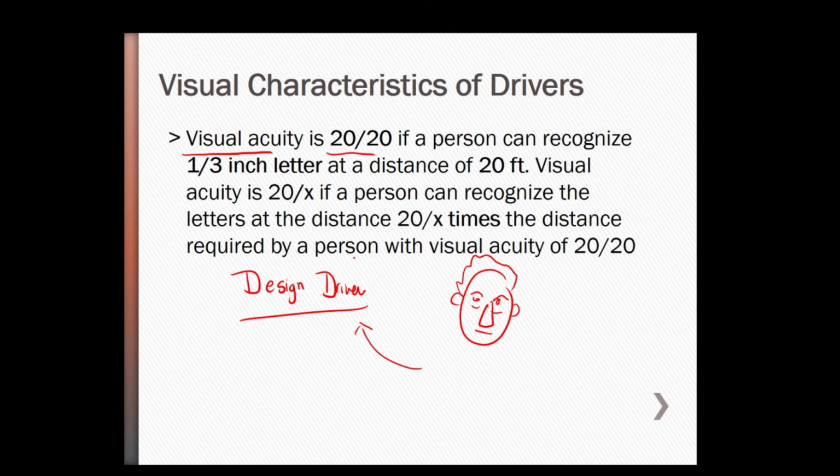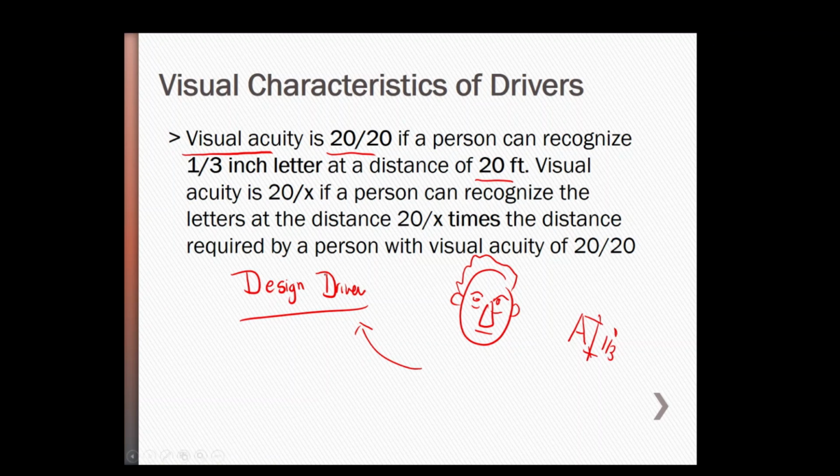So let's define it as per the eye doctors. Visual acuity is 20/20. What do we mean by 20/20? In other countries they call it 6/6. It means you can recognize a letter, let's say the letter A, that's 1/3 inch at a distance of 20 feet.